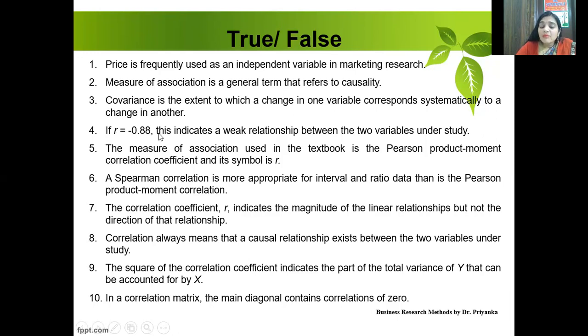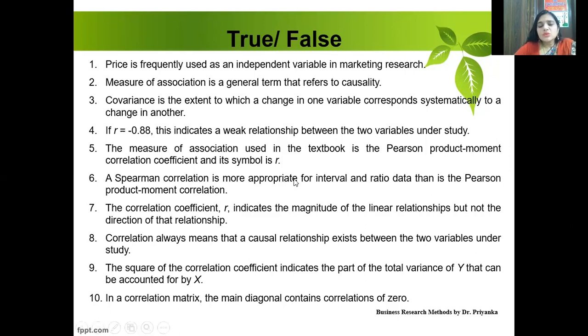Is it? When R is more than 0.7, it indicates a strong relationship. Whether it is positive or negative doesn't matter, right? So this represents a strong relationship. That is why it is false. Fifth, the measure of association used in the textbook is the Pearson product moment correlation coefficient, and its symbol is R.